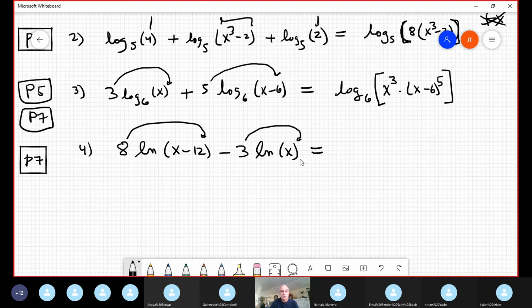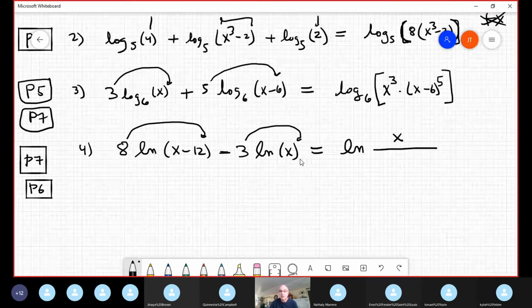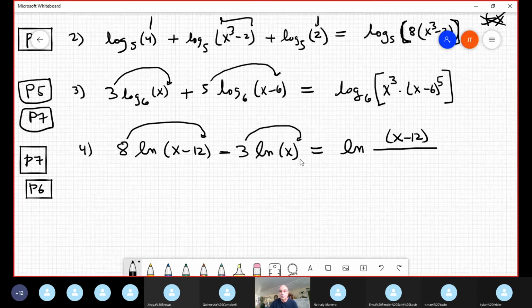Then you see minus, which is property number 6, because of division. So basically it is log of a division: x minus 12 raised to the 8th power, over x cubed. And don't forget the parenthesis or bracket, either way, enclosing everything as the argument for the logarithm function.